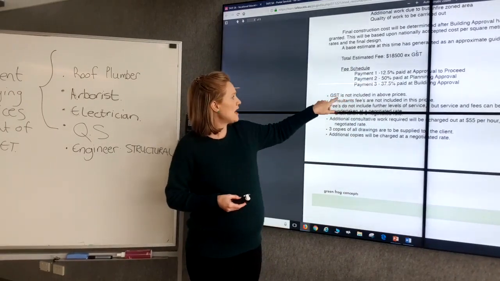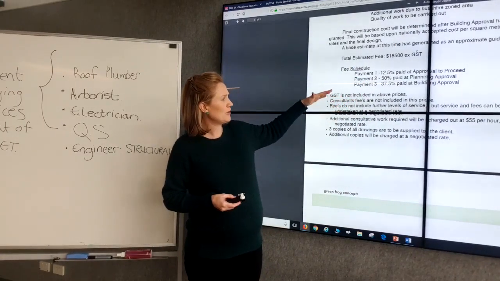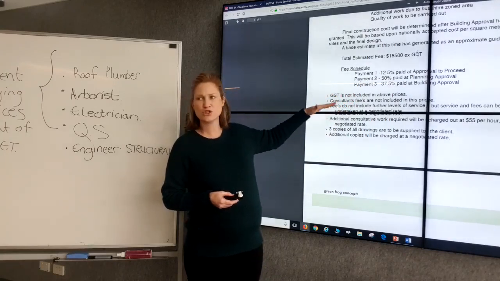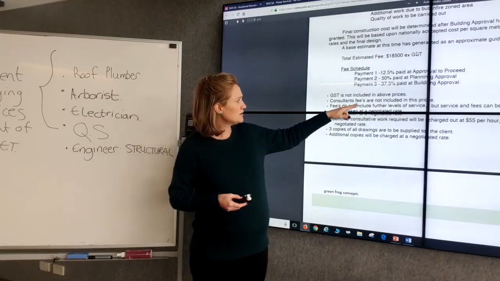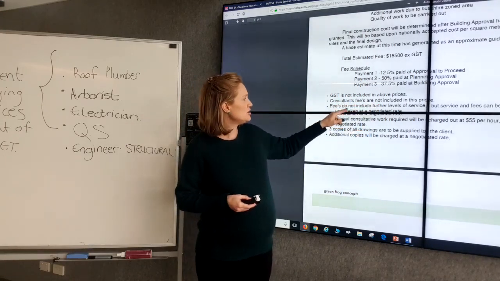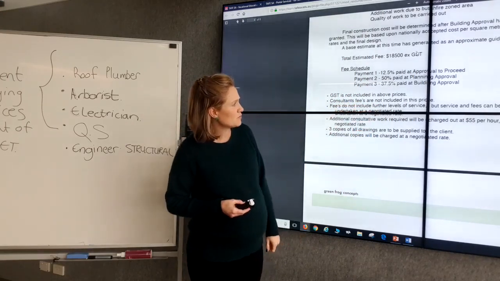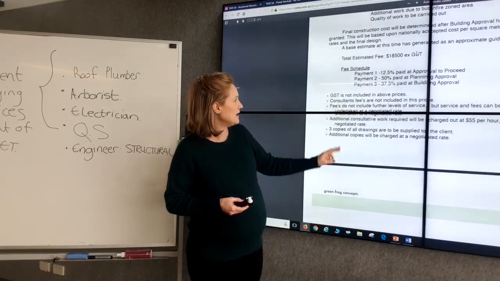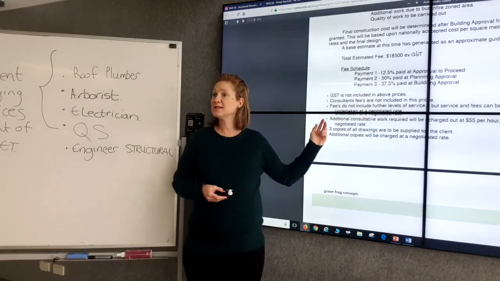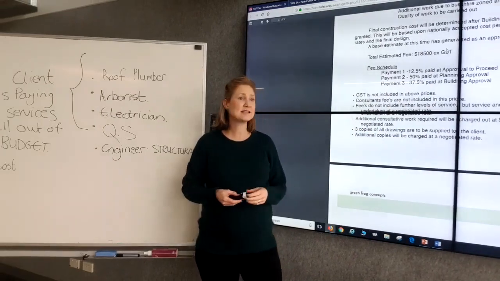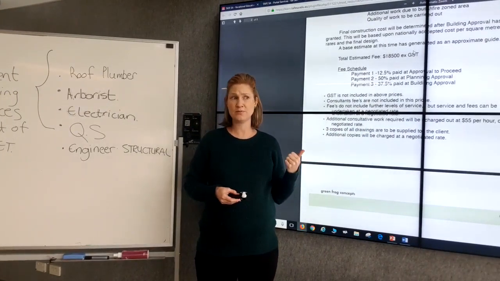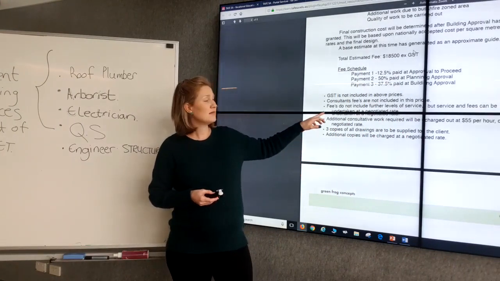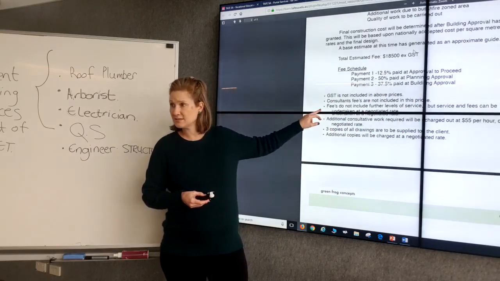To discuss why GST is not in, they've also given you exclusions, terms and conditions at the bottom here by saying GST is not included, consultant fees are not included. Fees do not include further levels of service, but service and fees can be undertaken at a negotiable rate. What does that mean? That means that if the client decides to go on with the project and decides to ask you to help further with, just say, tendering, etc., then there's a new contract that gets developed there.